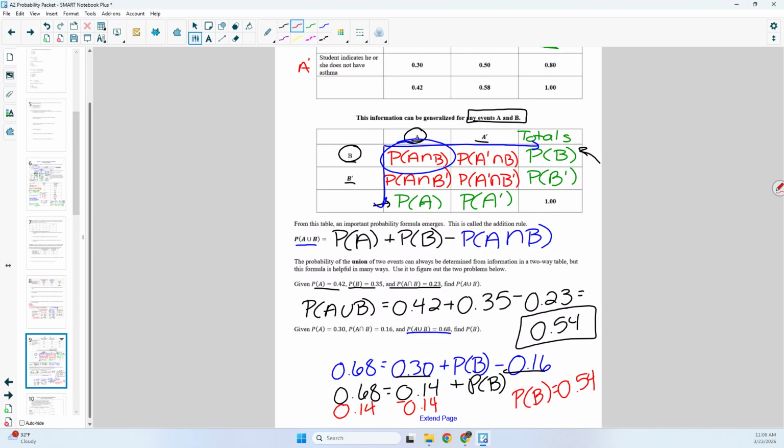Now, that is just by chance that this comes out exactly the same as the other one. That doesn't usually work. It's probably something I'll change for next year.